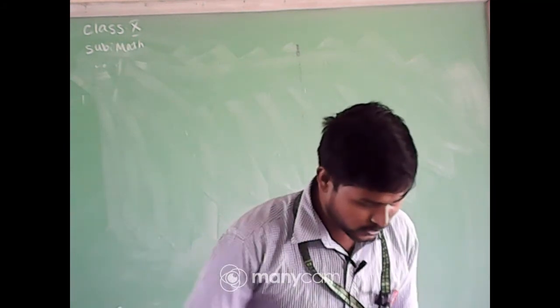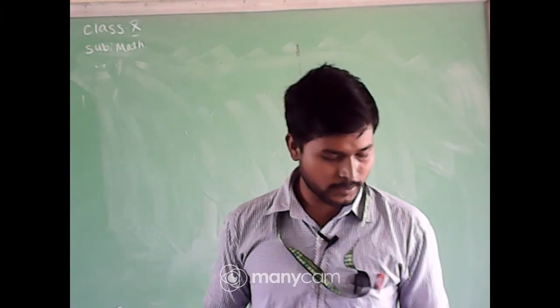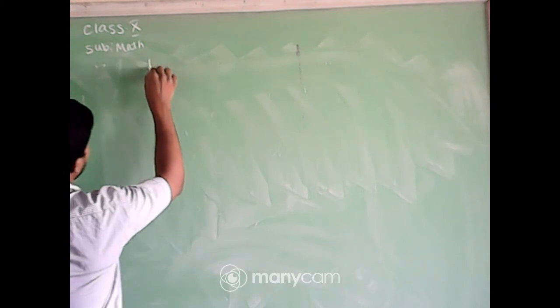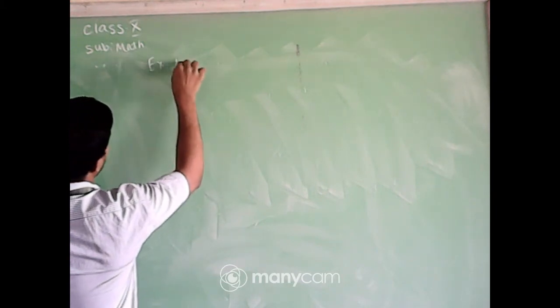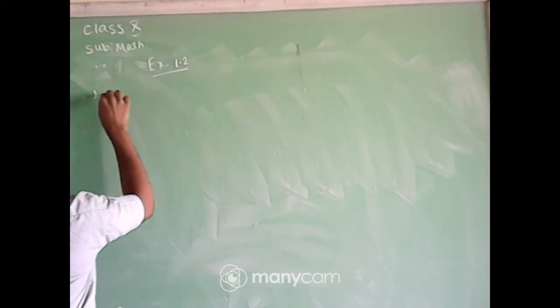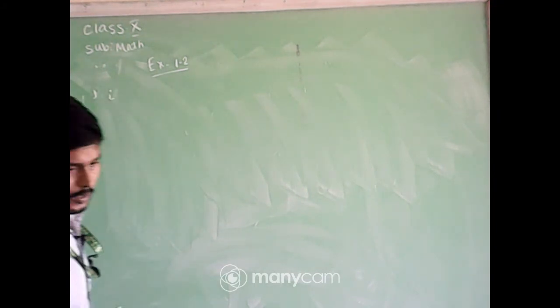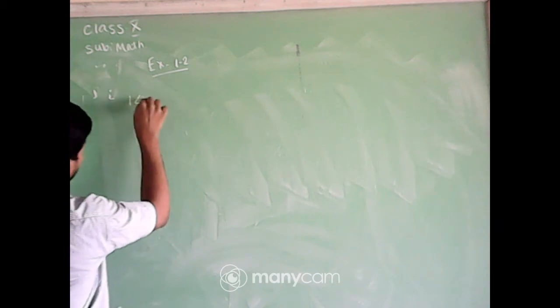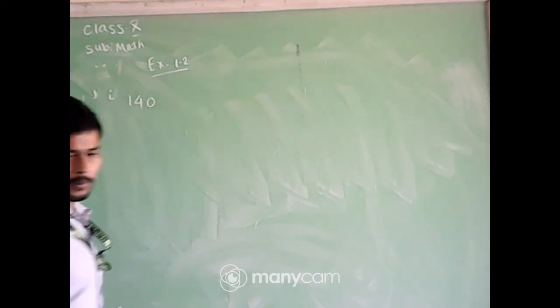Okay, so do one thing, express 140 as a product of prime factors. This is exercise number 1.2. I am solving the first question. Express 140 as a product of primes.